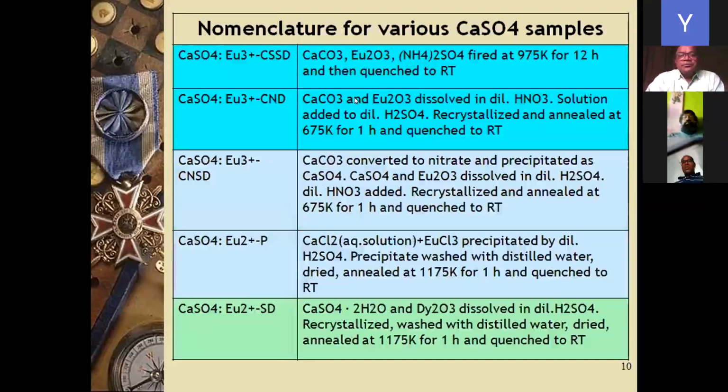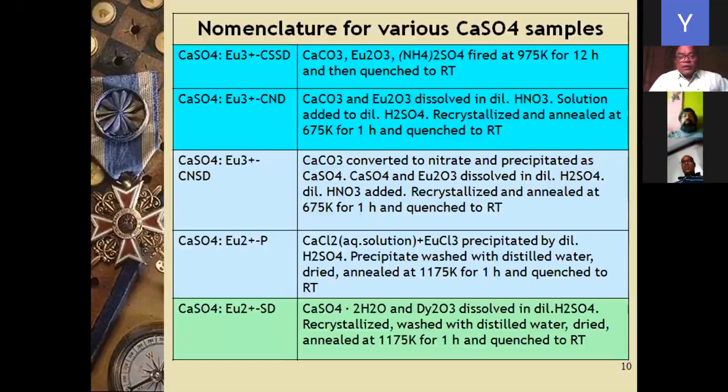Then CSSD, the carbonate oxide, then (NH4)2SO4, the same procedure, initiation is carbonate. Here CND, this carbonate, U2O3 dissolved in dilute HNO3, is carbonate converted into nitrate and then distilled dilute H2SO4, recrystallized and annealed at 675 and quenched at 20.